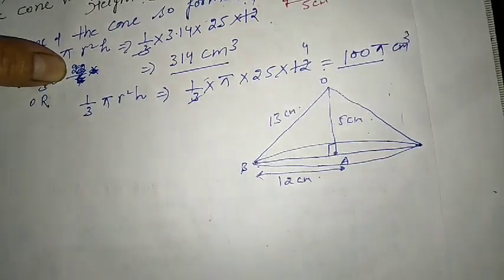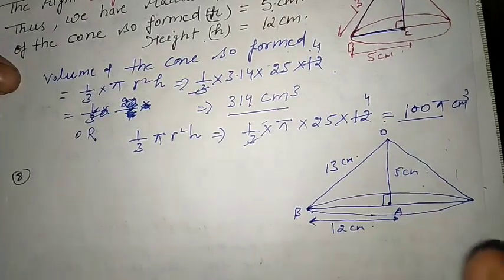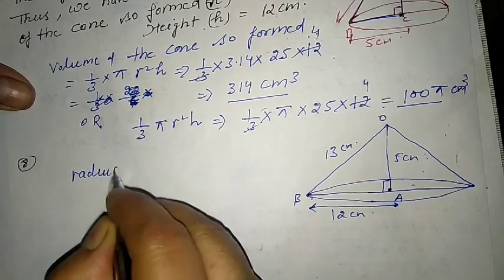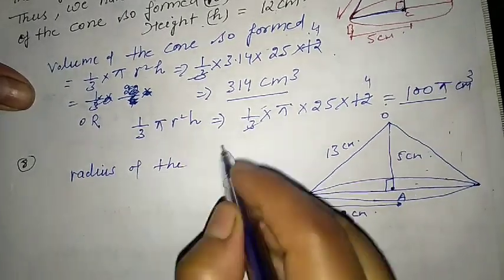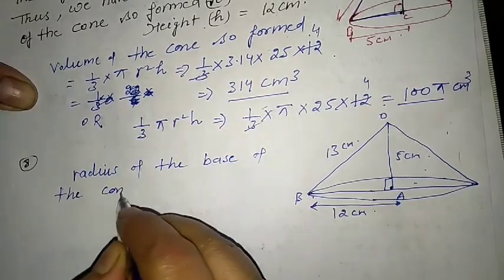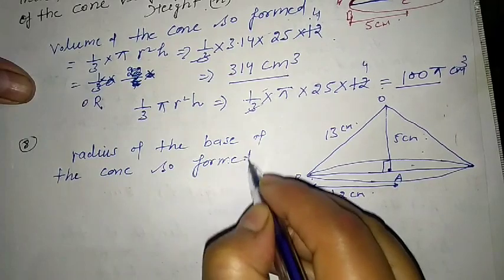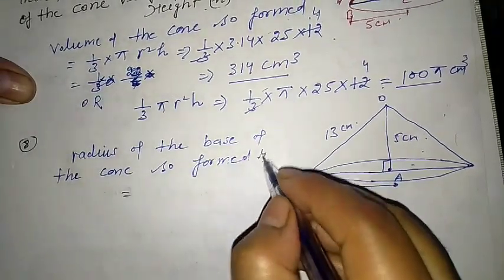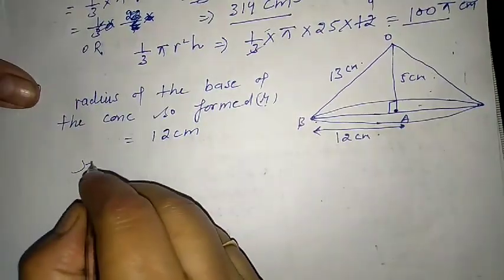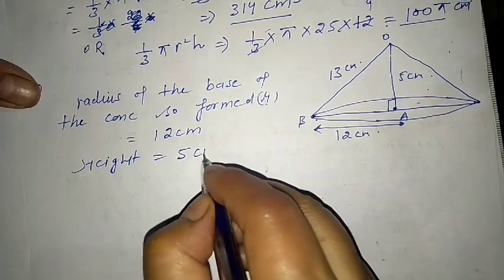Suppose this time the right angle triangle is revolved about the side 5 centimeters. So the radius of the base of the cone formed is r equals 12 centimeters. Height is equal to 5 centimeters.